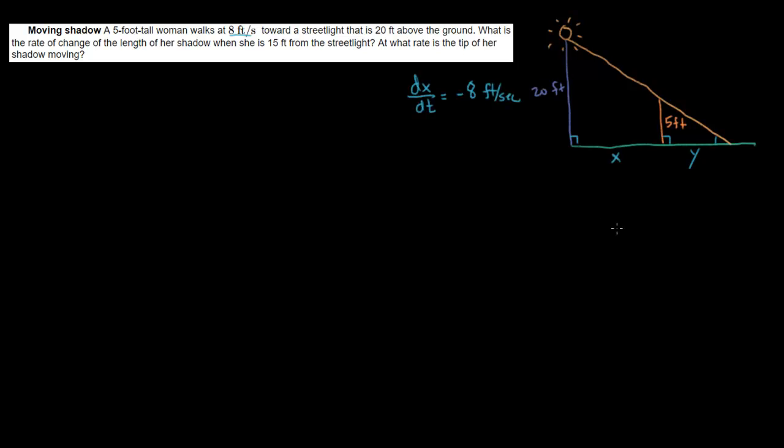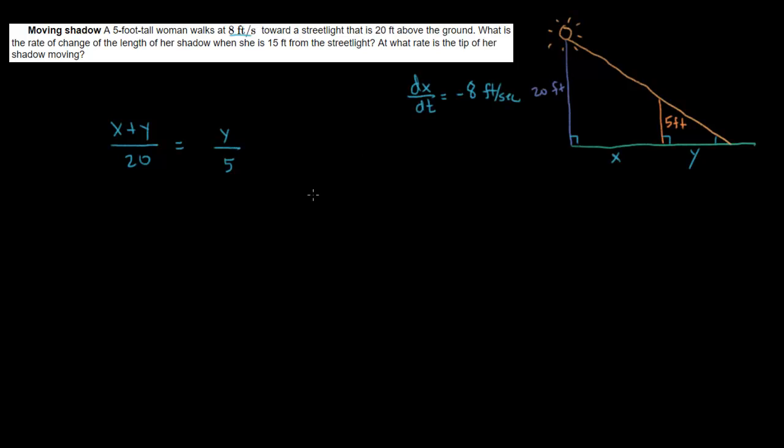What I mean by that is I can write x plus y, because that's the base of the big triangle, divided by the height of the big triangle, which is 20, will be the same ratio as the base of the small triangle, which is y, over the height of the small triangle, which is 5.